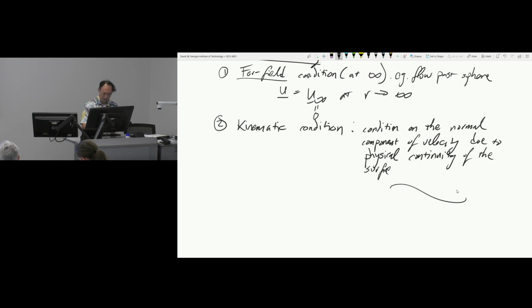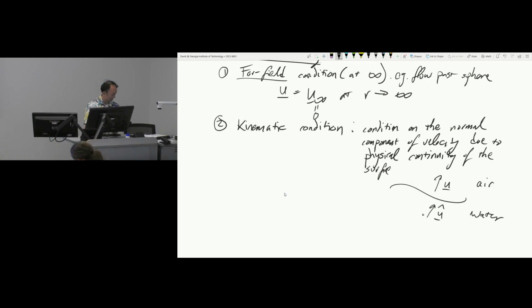So if you imagine the fluid, let's call this air and water. We have two different fluids. And here the velocity is some velocity, u hat.